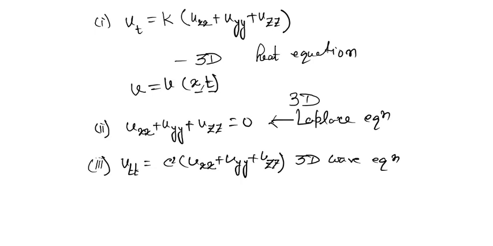3D means there are three variables. I mean, u is a function of x comma y comma z. That's why I am using the term 3D here. Okay, and there is a small correction I would like to make: that will be u of x comma y comma z and t. So let me erase it and write it again.